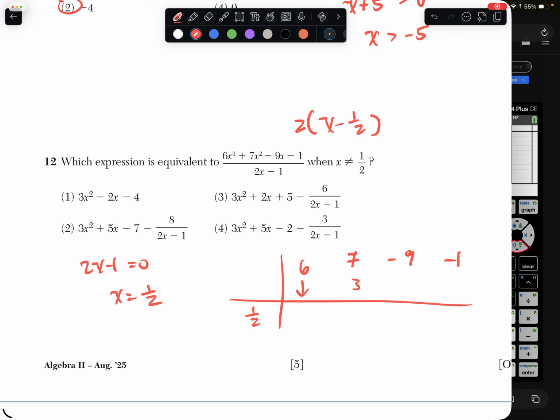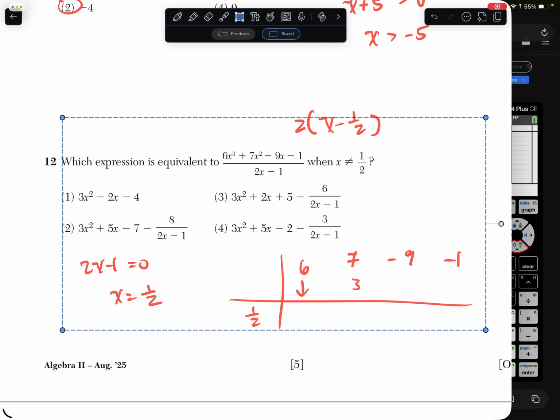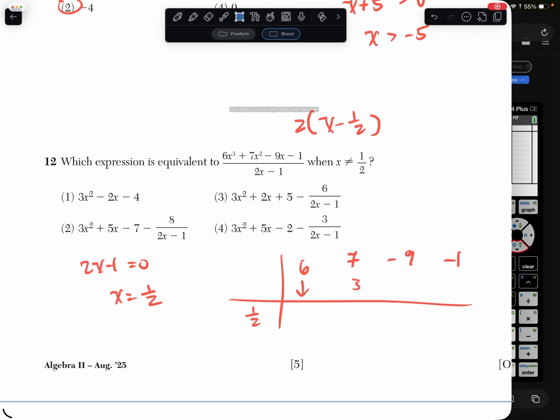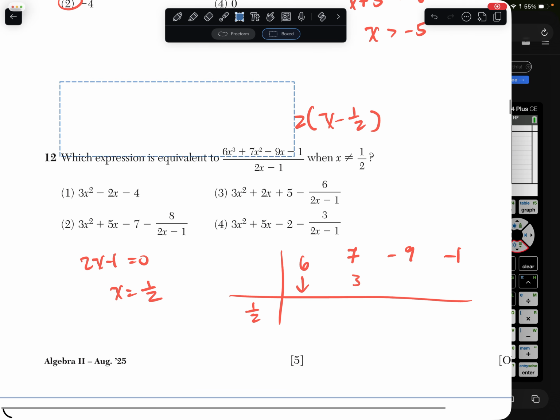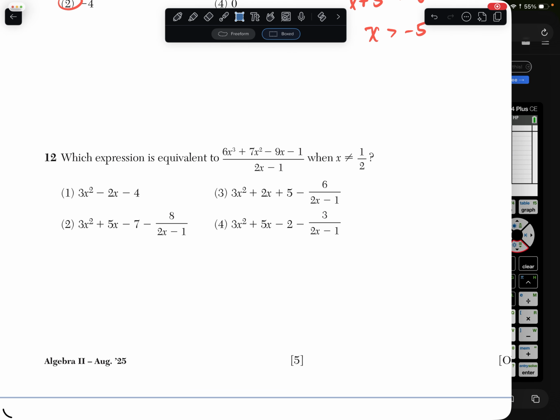What I do synthetic? You have to divide it. Actually, synthetic division would work here because we have the x minus 2. We just have to account for the 2 that we're multiplied by x minus 1/2. I'm gonna actually scratch that.